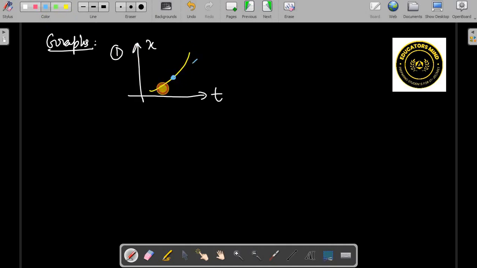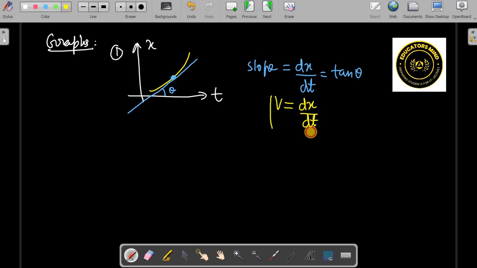At any point, like this theta, the slope of this graph is dx by dt, which is tan theta at A, the slope of the tangent, right? So this represents what? Velocity, instantaneous velocity. We know velocity is dx by dt, right?